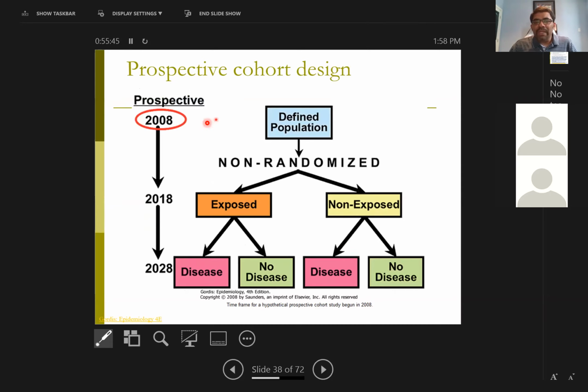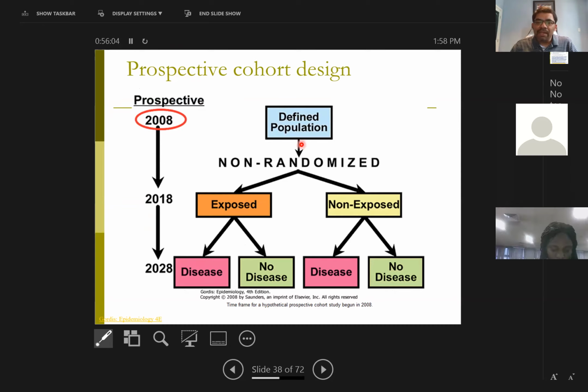Cohort study is of two types generally: prospective cohort study and retrospective cohort study, right? They are easy to understand. So let's say this is the year when some event happened, right? For example, 9/11, right? So you define the fire workers that got exposed in 9/11. They did not get randomized to exposure, right?